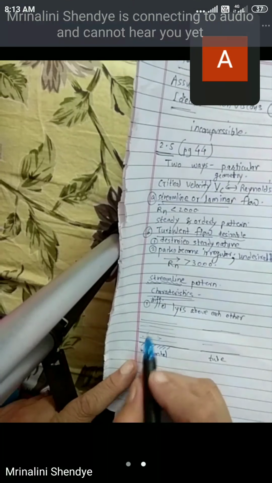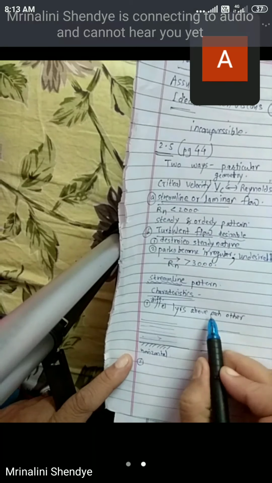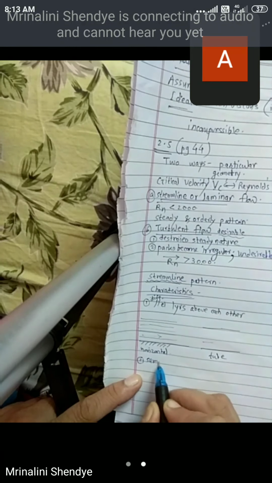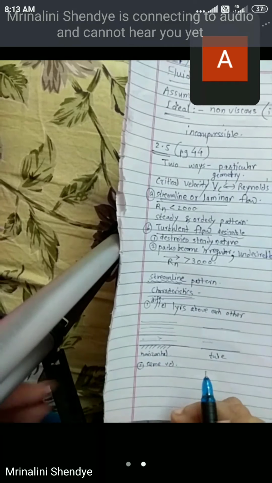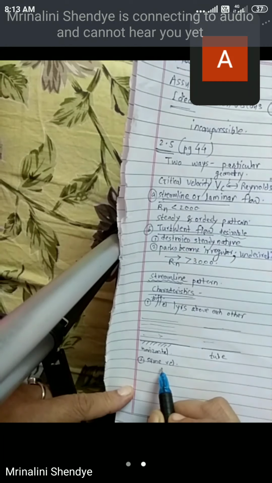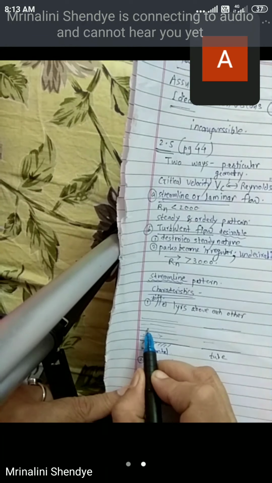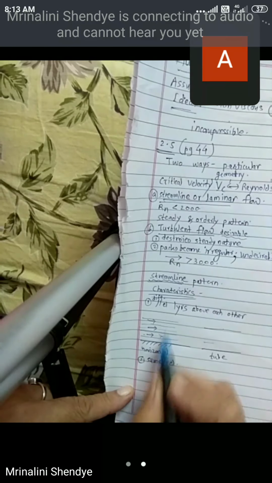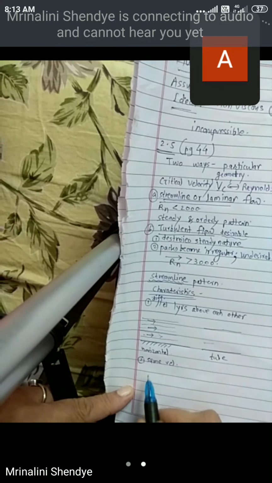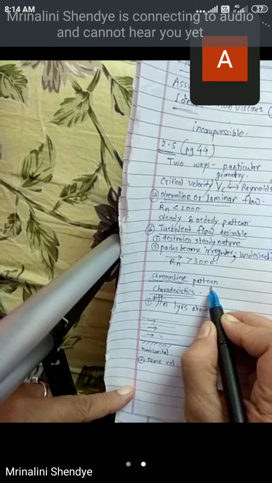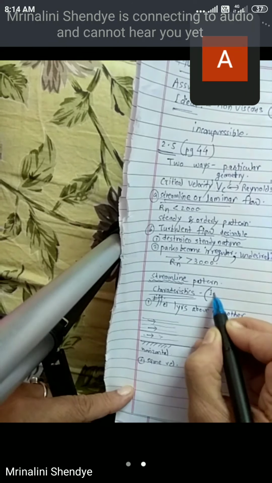What is the second property? These layers move with the same velocities. We are assuming this. When can the velocity be the same? The velocity of this layer, this layer, this layer, all velocities are equal. This is only possible if the fluid is ideal.